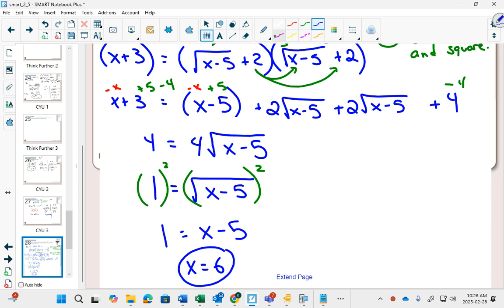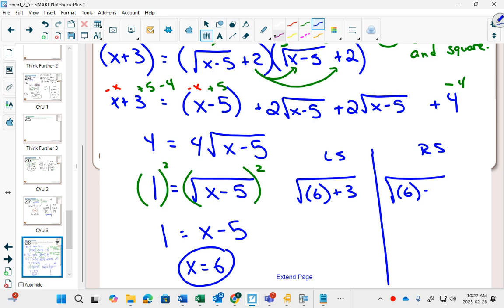But I still have to check my original equation. Does this work? Left side and right side. The left side originally was the square root of X, which is now 6 plus 3. The right-hand side was the square root of X, which is now 6 minus 5 plus 2.